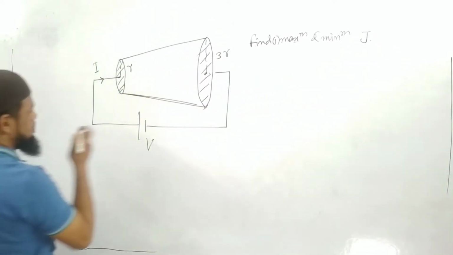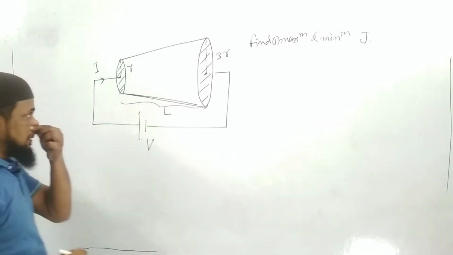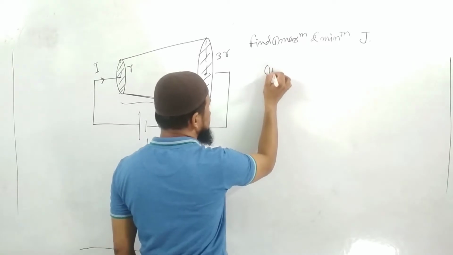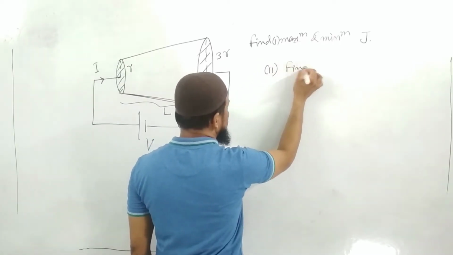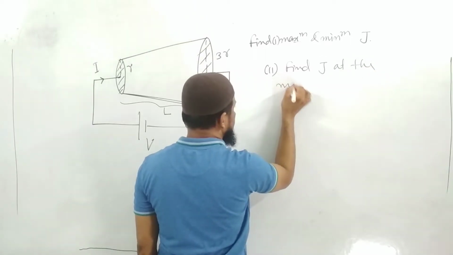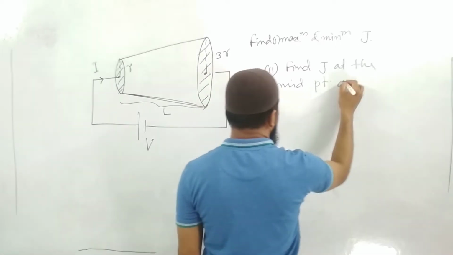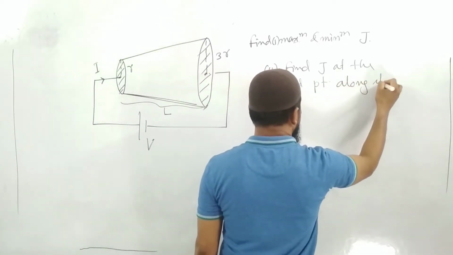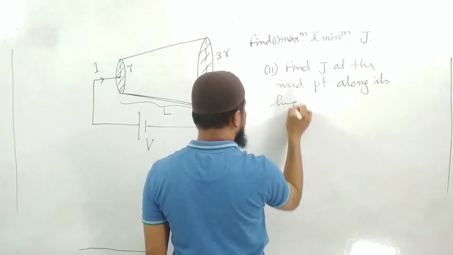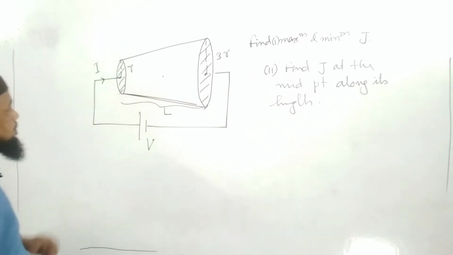Suppose from here to here the length is L. Number 2, find J at a midpoint along its length. Somewhere in the middle we have to find the current density.